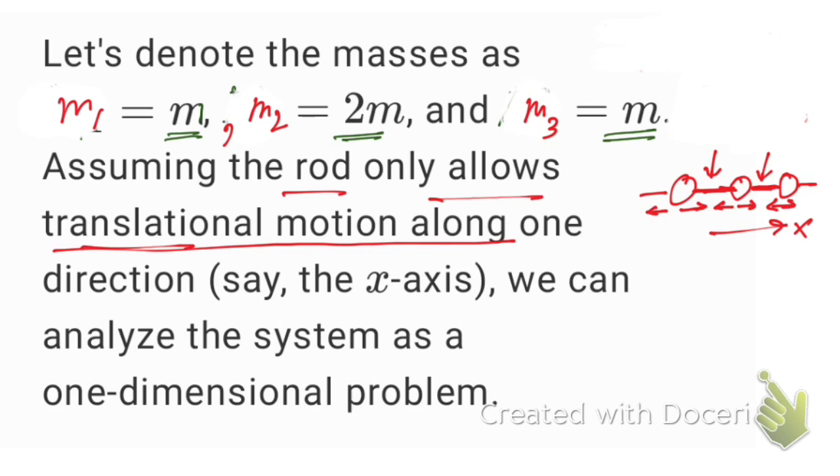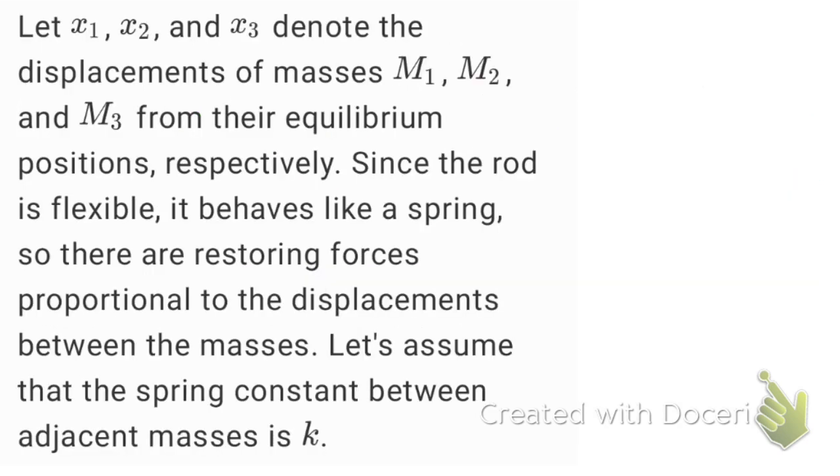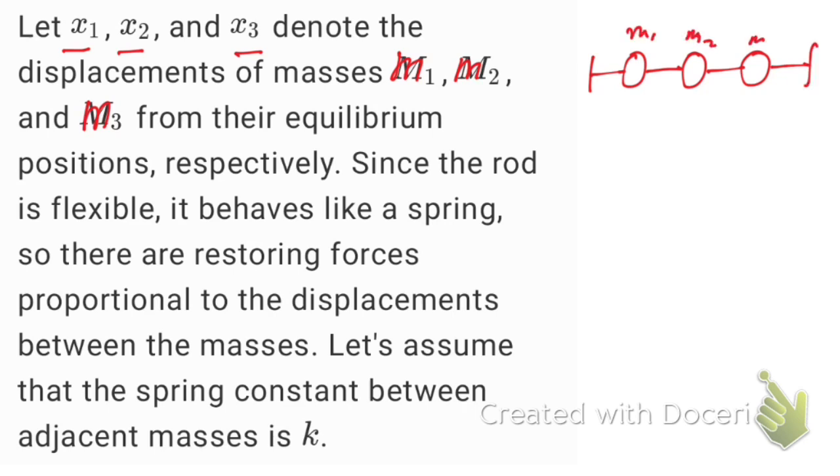Now let us assume x1, x2 and x3 denote the displacements of masses small m1, small m2 and small m3 from their equilibrium position. This is the first sphere, this is the second sphere, this is the third sphere, of mass m2 and m3.